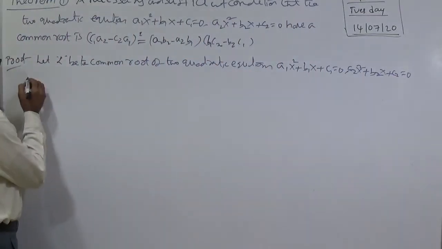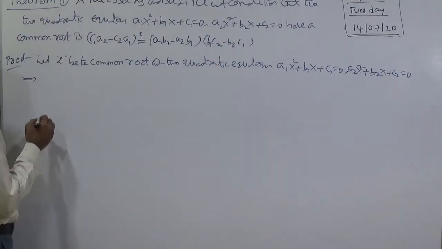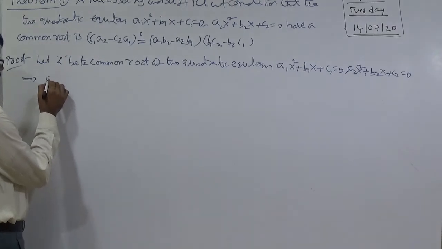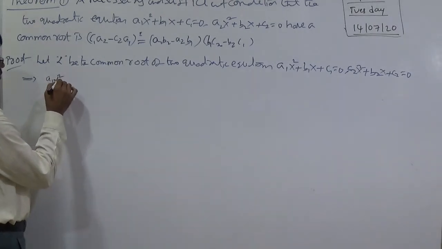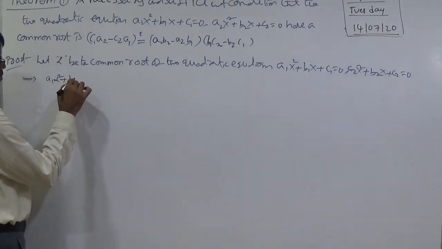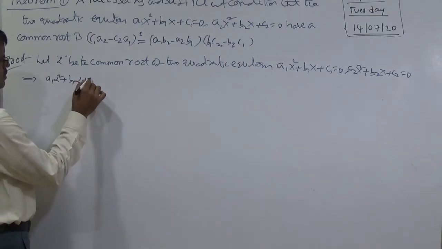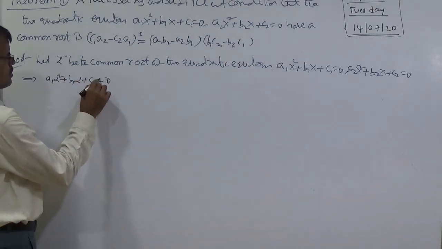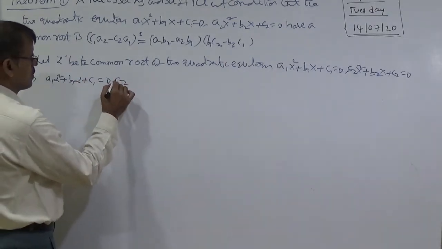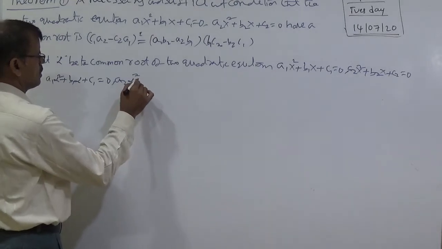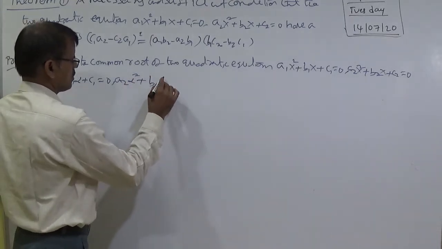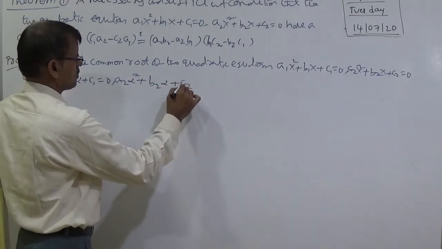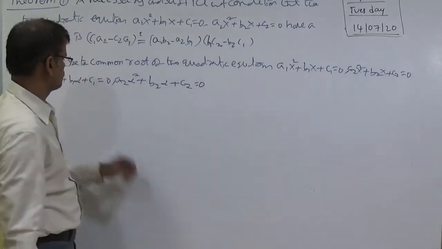That implies we can write a1 alpha square plus b1 alpha plus c1 equal to 0, a2 alpha square plus b2 alpha plus c2 equal to 0.